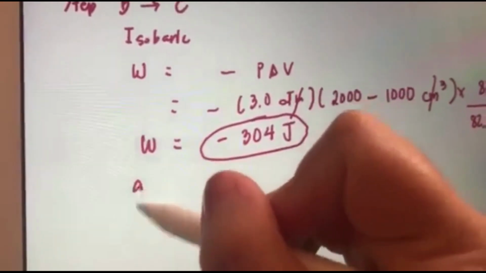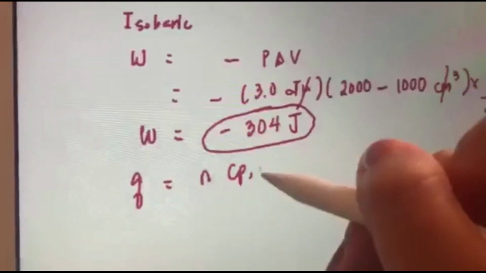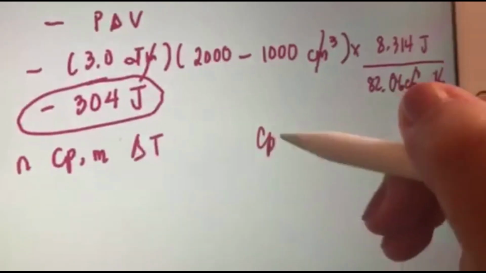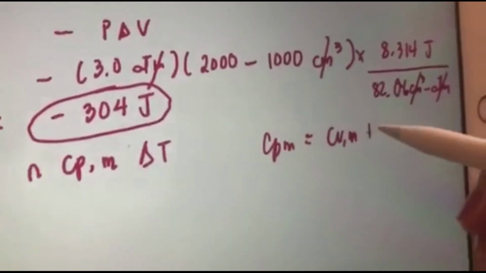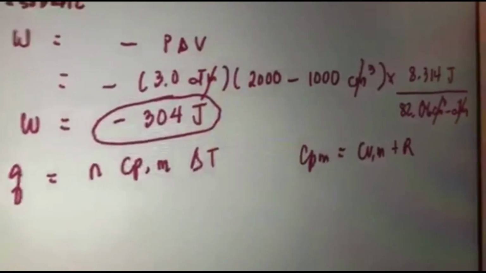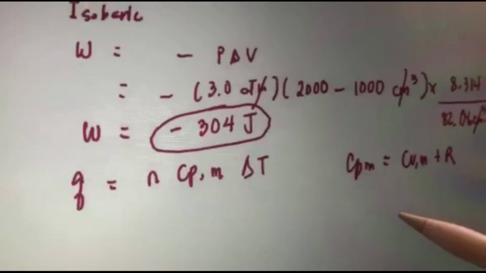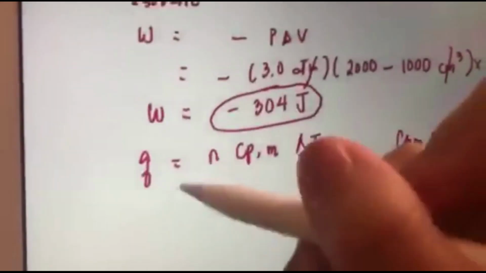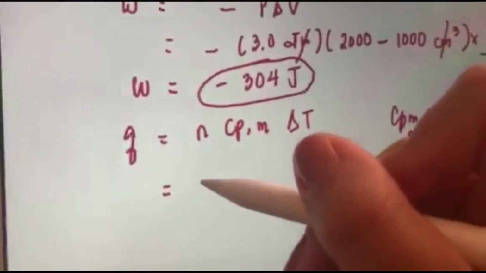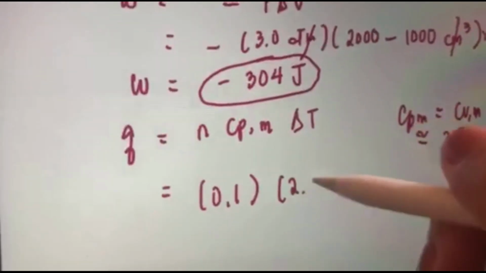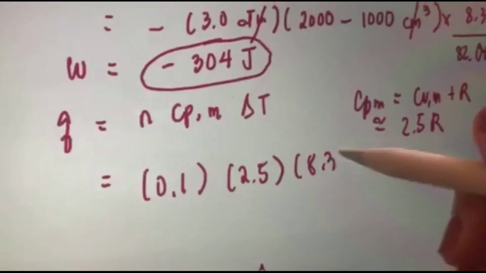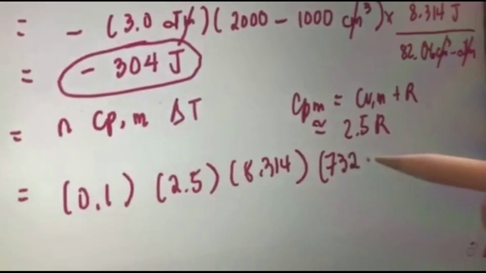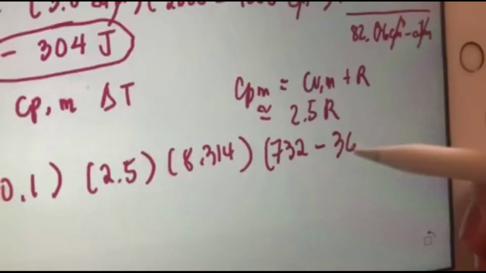QBC is equal to n CPM multiplied by delta T. Now for CPM, this is equal to CVM plus R, and this is equivalent to 2.5 R. Substituting, we have 0.1 mole multiplied by 2.5 R multiplied by delta T. TC is equal to 732 and TB is equal to 366 Kelvin.